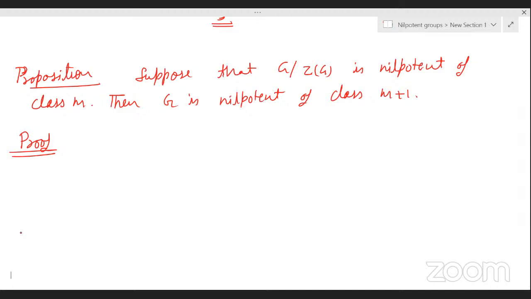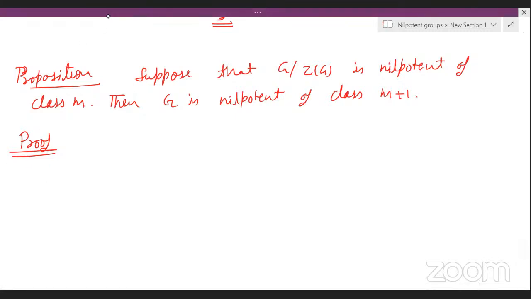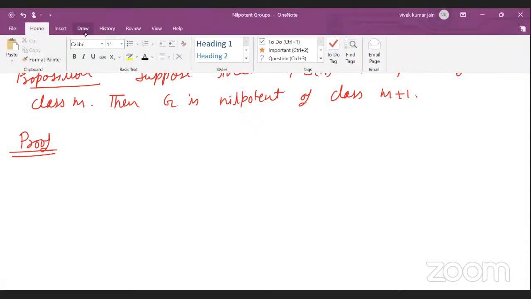Okay, so how will we prove it? We have to show that G is nilpotent of class M plus 1. Let us do some rough work and then we will come to the actual proof.